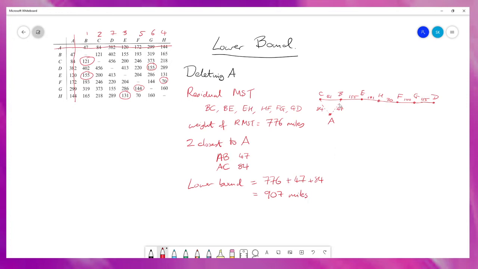Now, why did I draw out the diagram? Well, it's useful for finding the minimum spanning tree. But for the purposes of the Travelling Salesman Problem, when you are finding your lower bound, if this method finds a tour, so if instead of, let's say, AB, we got AD as our next shortest one, this would form a tour.